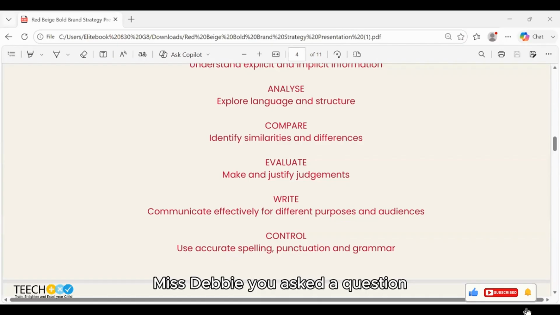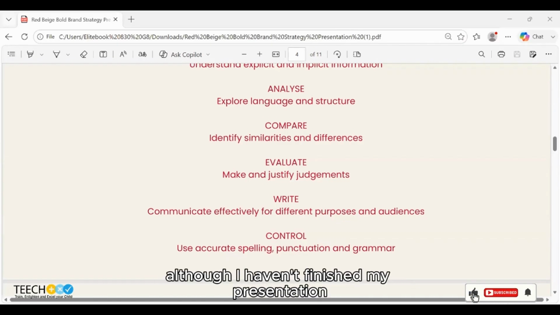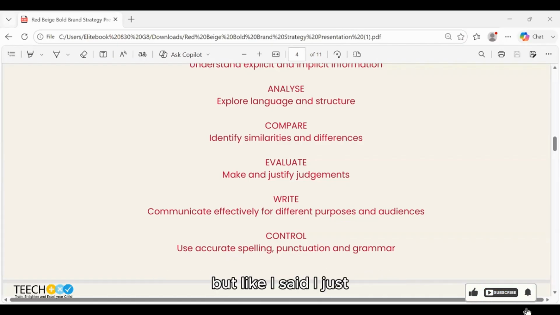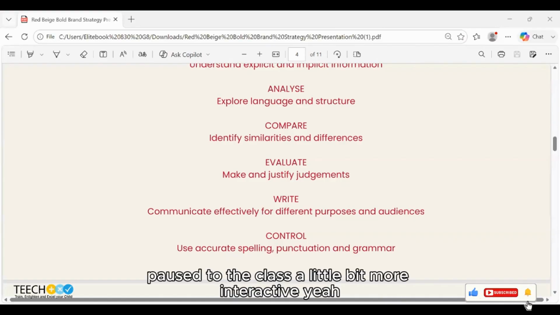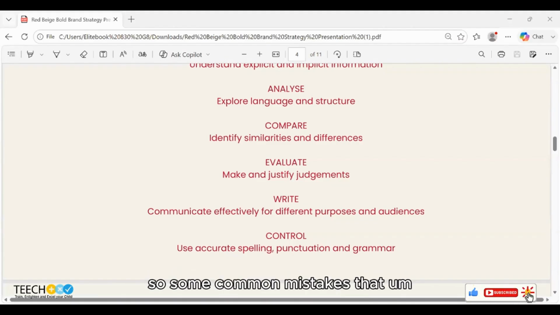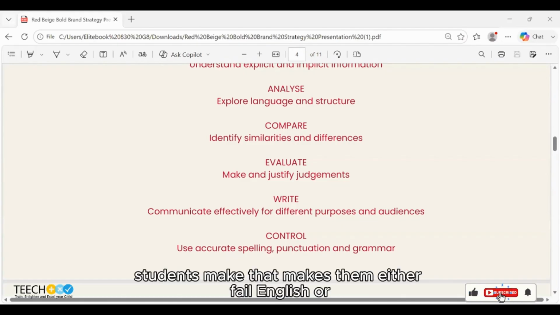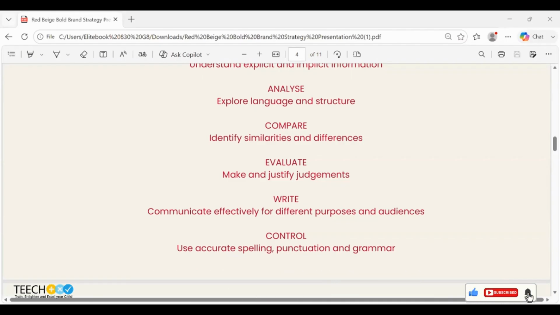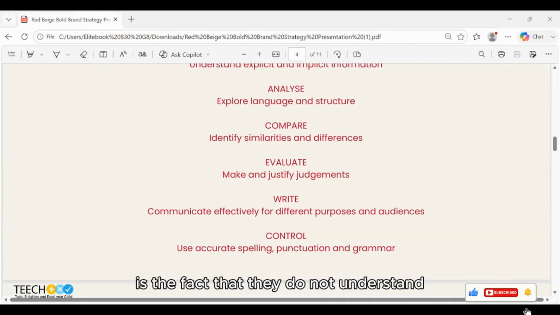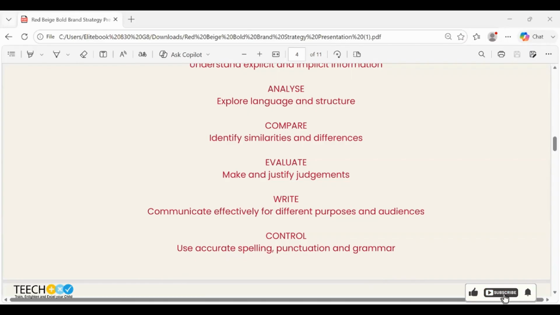So, Ms. Debbie, you asked the question. Although I haven't finished my presentation, I just paused to make the class a little bit more interactive. So some common mistakes that students make that make them either fail English or get low scores in English language is the fact that they do not understand what they are being asked.